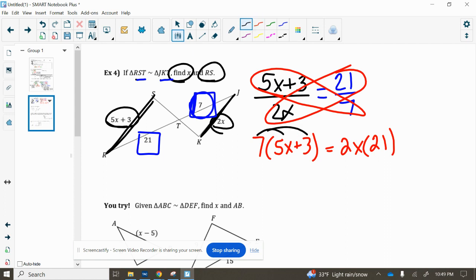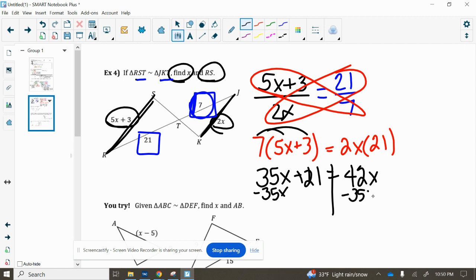Start solving through distribution. We have 7 times 5x is 35x's. 7 times 3 is 21. And then 2x times 21 is 42x's. Subtract the 35x from both sides. So we end up with 7x equals 21.